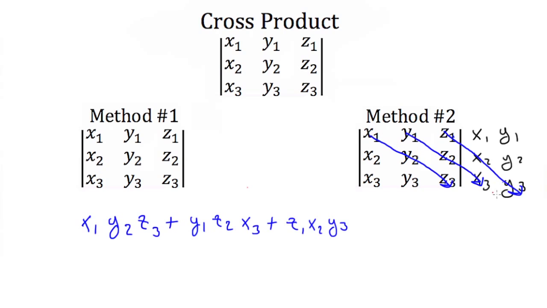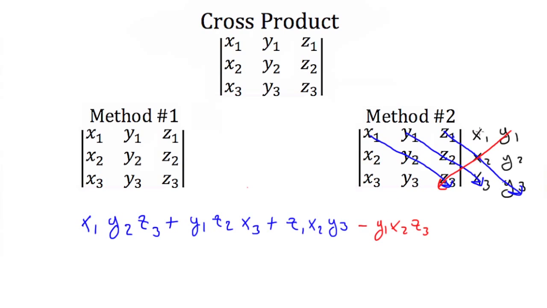Now that we've hit the end of our columns and rows, we go back the other direction. Draw a diagonal going down and to the left. So we'll multiply y1, x2, and z3. But since we're going backwards this time, we're going to subtract this product.